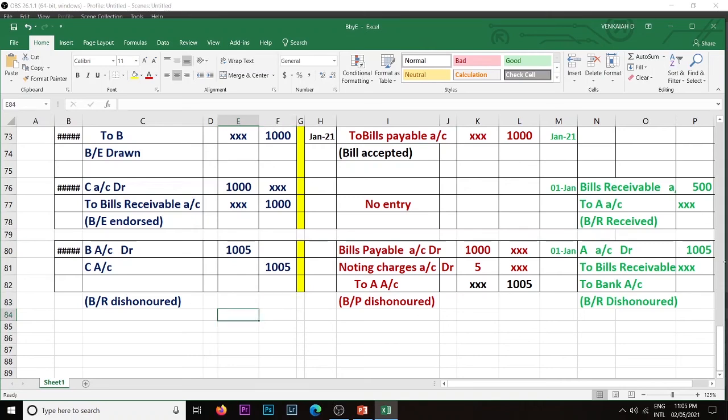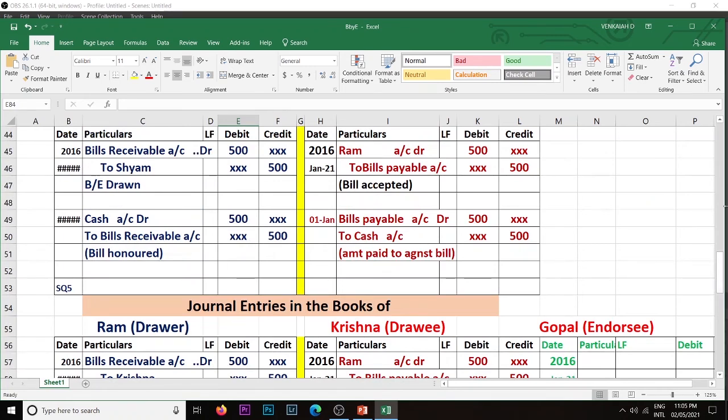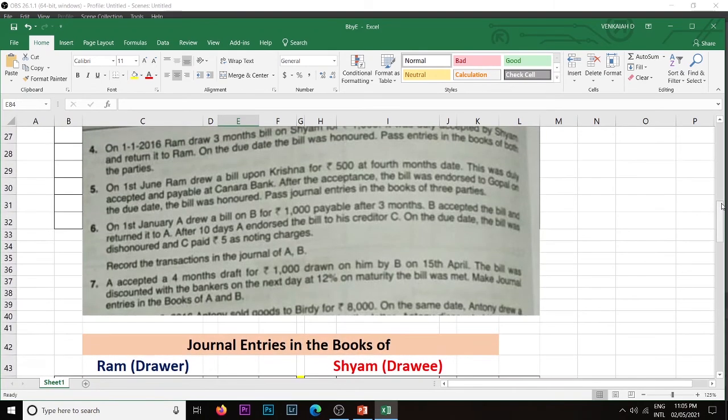Endorsed bill dishonored. Okay, now look at short answer question number 7. Very simple. A accepted a 4 months draft of 1000 drawn on him by B on 15th April.